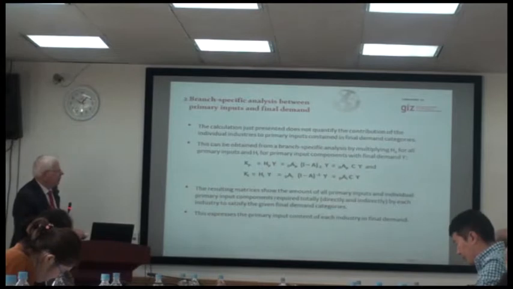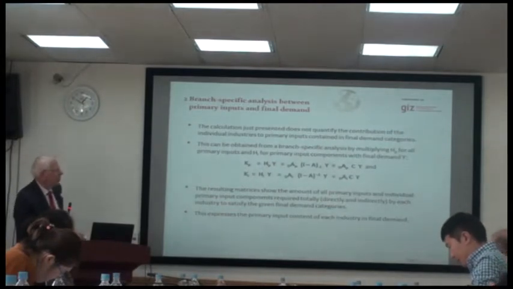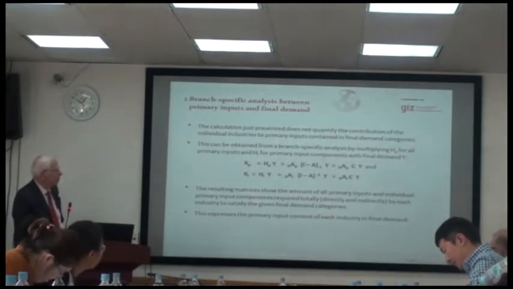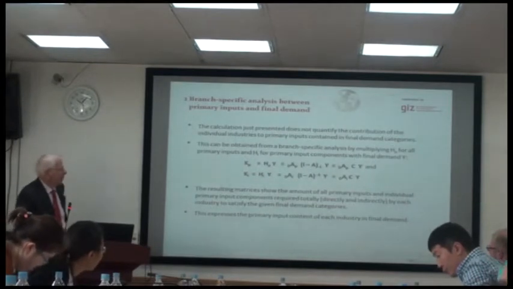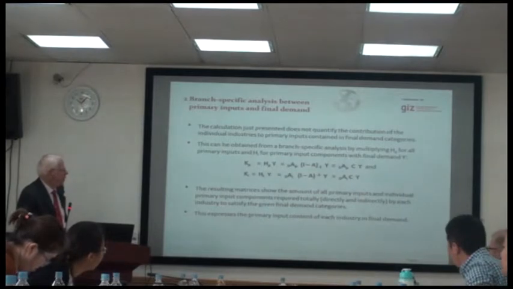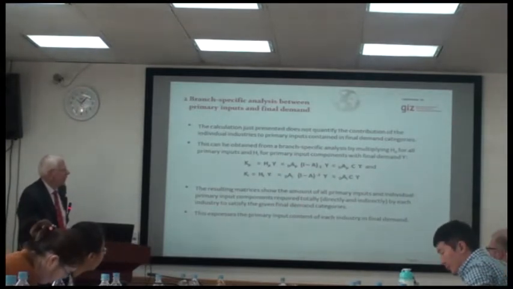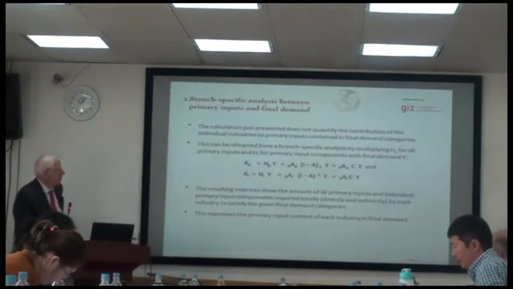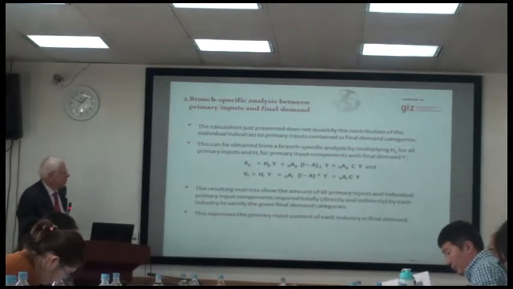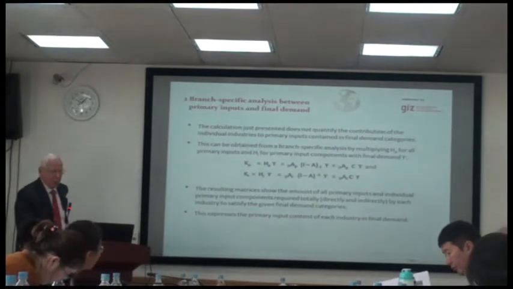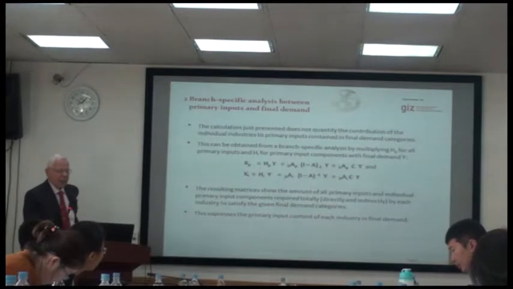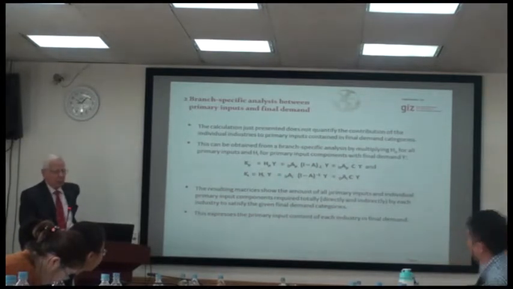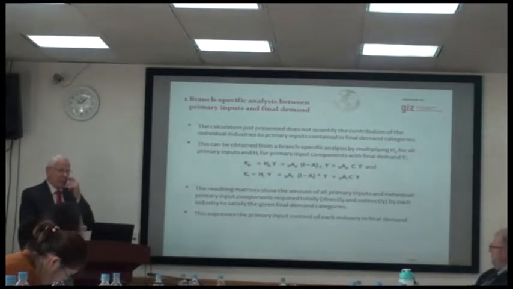The resulting matrices show the amount of all primary input and individual primary input components required totally, directly and indirectly, by each industry to satisfy the given final demand categories. This expresses a very important sentence: the primary input content of each industry in final demand. To what amount each industry has contributed with its primary inputs to final demand satisfaction.